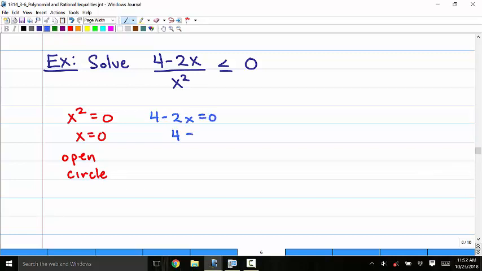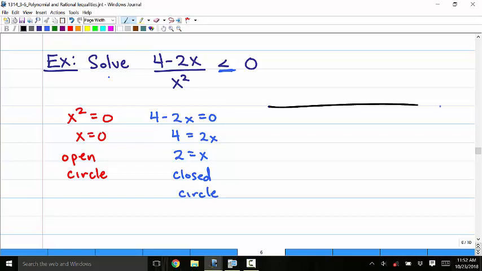I get 4 equals 2x, so x equals 2. Since it's less than or equal to, this is going to be a closed circle. So I go do my number line. I have two numbers on it, 0 and 2. 0 was an open circle. 2 was a closed circle.